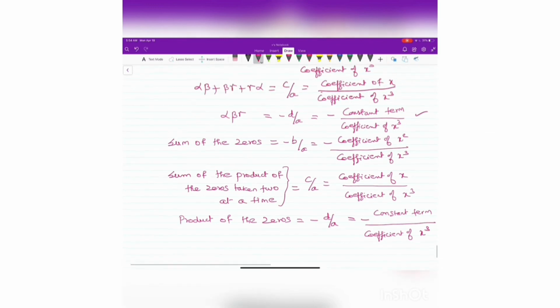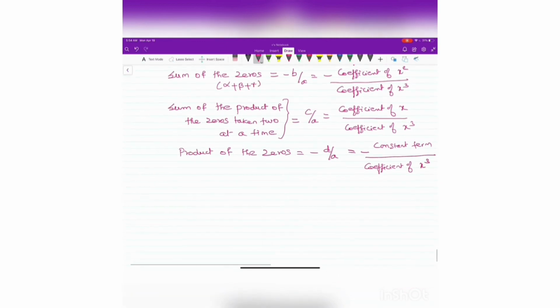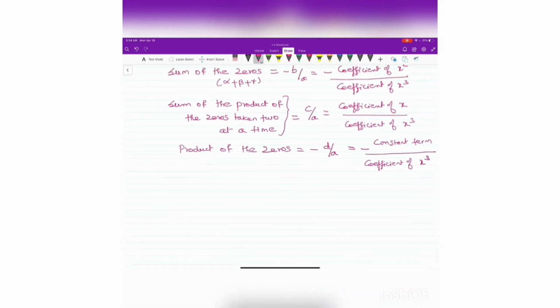See, the sum of the zeros is nothing but alpha plus beta plus gamma. Then the sum of the product of the zeros taken two at a time is nothing but alpha beta plus beta gamma plus gamma alpha.